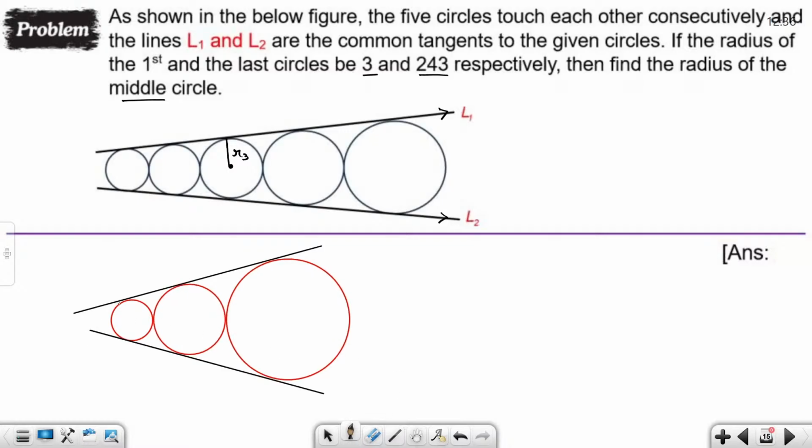Now let us say the radius of the first circle, we know it is given as 3, but let me denote this as R1. The radius of the second circle, let us say this is R2. And the radius of the third circle, let us say this is my R3. Now, let me join their centers. All these angles are 90 degrees.